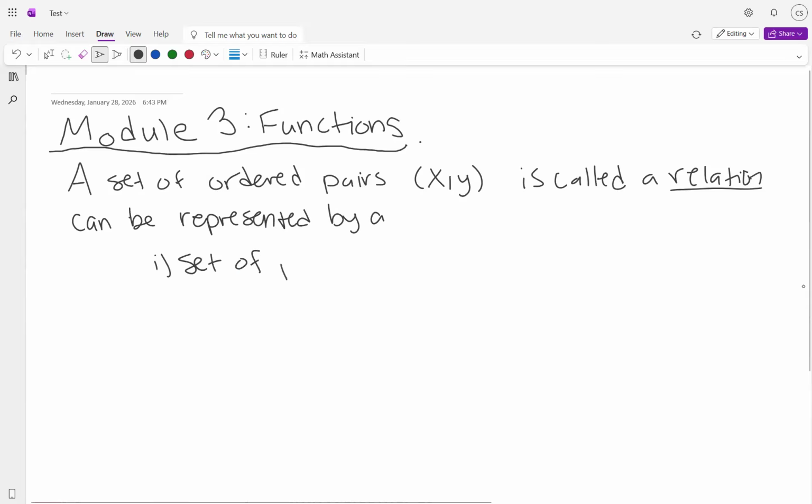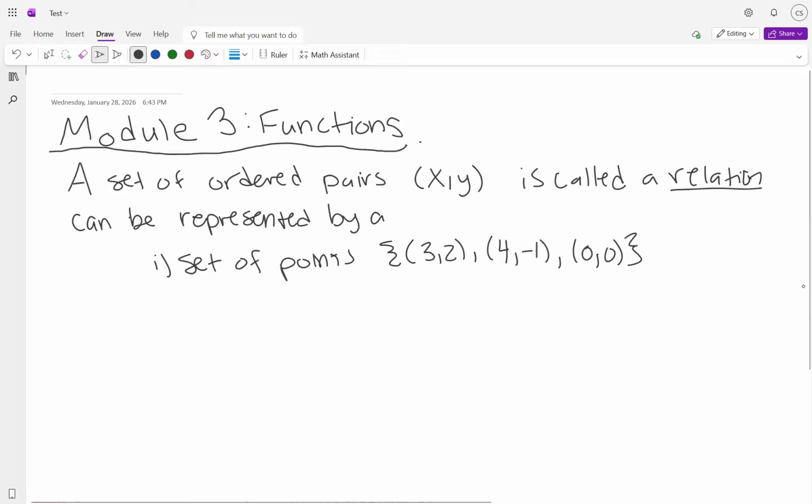That might look like (3, 2), (4, -1), maybe (0, 0). Just some collection of points. We use these little squiggly braces to denote this is a set or a collection of points.